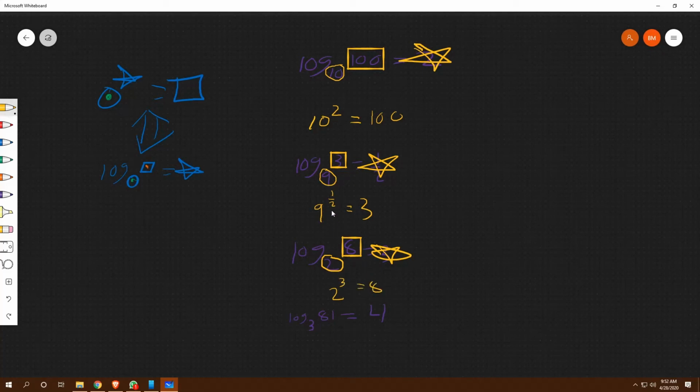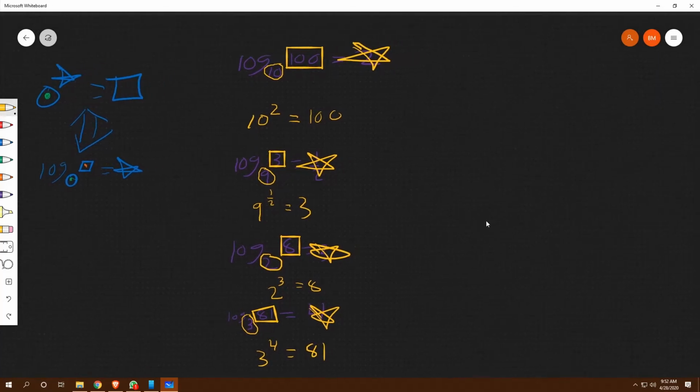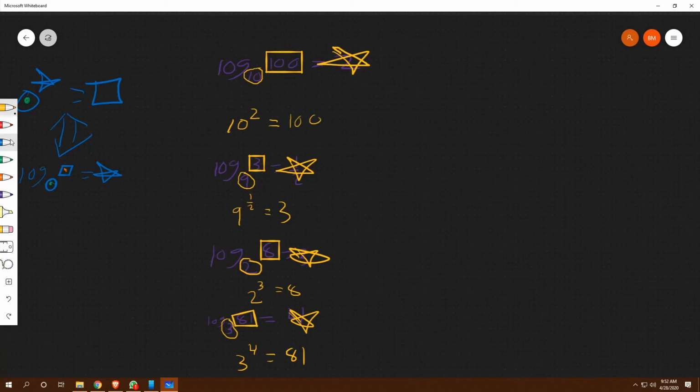That's all we're able to do. We take these logarithmic functions and change them into exponential functions. Identify my circle, my square, and my star, and I just rearranged all of them, using that simple quick formula. Going over here, getting some other examples written down, going the other direction.